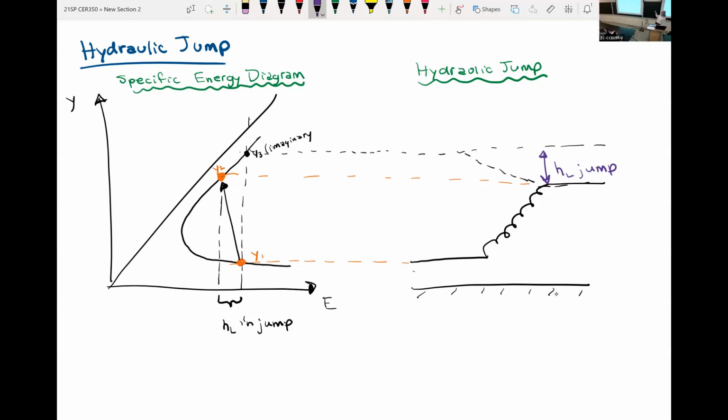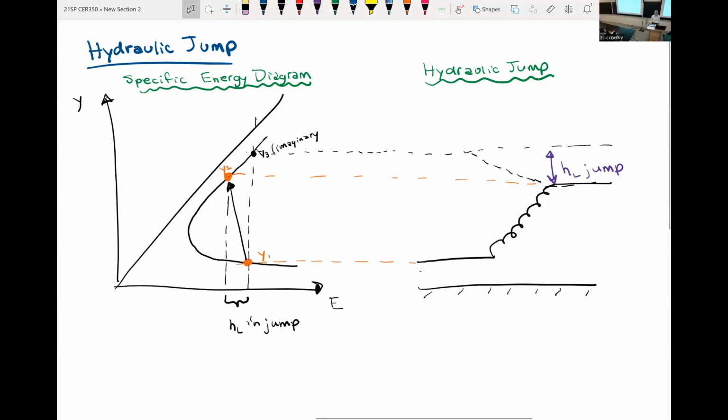So here's the part where momentum's really useful, is that momentum is conserved across a hydraulic jump. So we can use the principles of conservation of momentum to solve for the alternate depth, the sequent or conjugate depth between the supercritical and subcritical flow condition, where energy cannot be used because we have an energy loss that we can't really approximate.